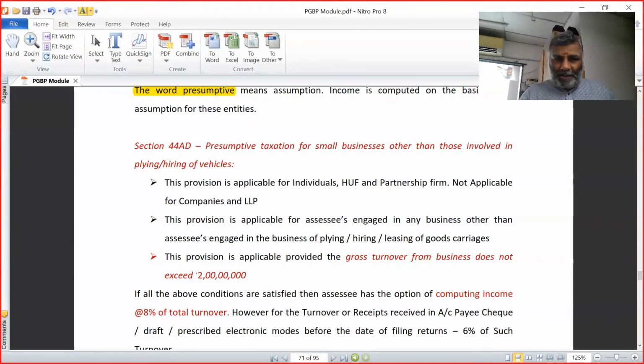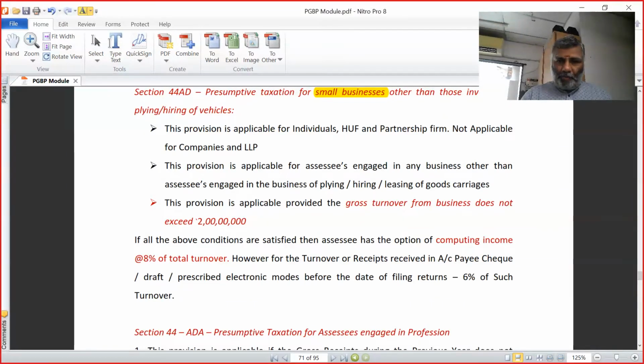Okay, let's go. 44AD, presumptive taxation for small businesses, only business, not profession. Provision applicable for individuals, HUF, firm, not applicable for companies and LLP. You cannot say if you are less than 2 crores, you need not maintain books for a company, because the Companies Act makes it mandatory. You cannot overrule company law. The provision is applicable for assessees engaged in business other than this, because for them there is a separate provision.